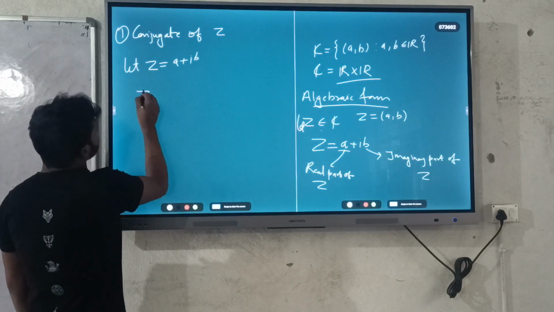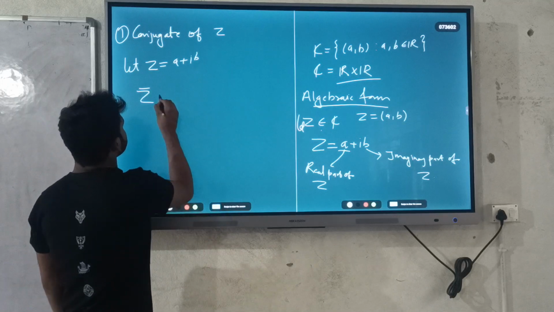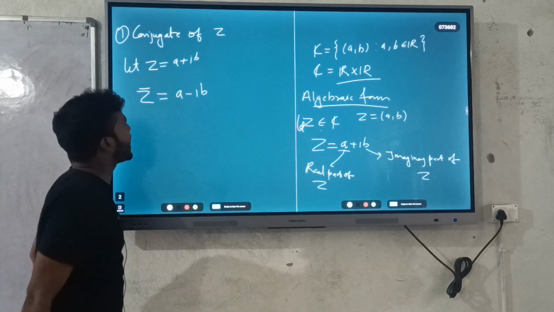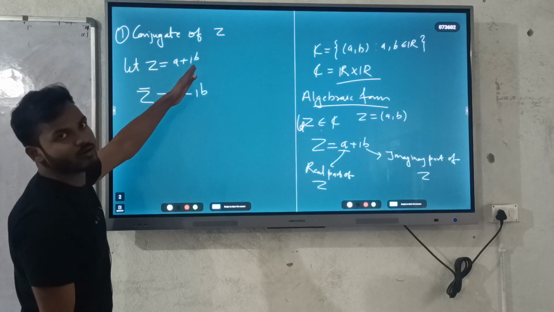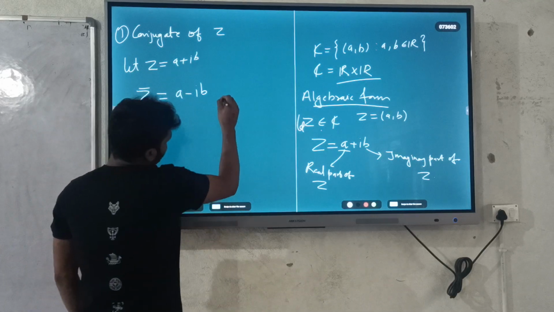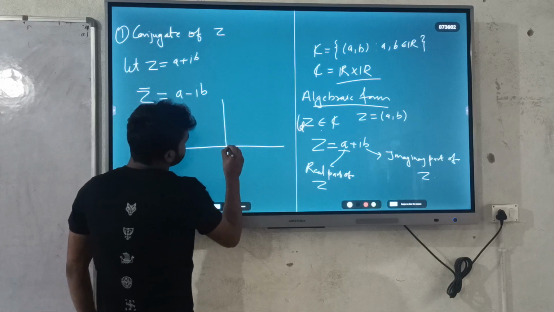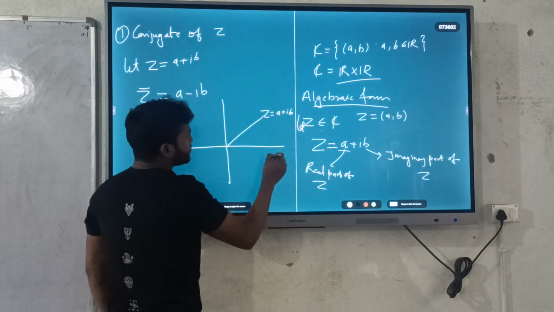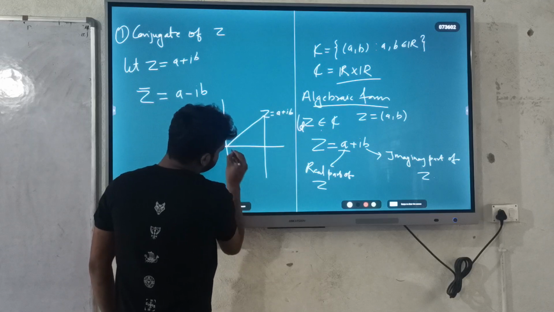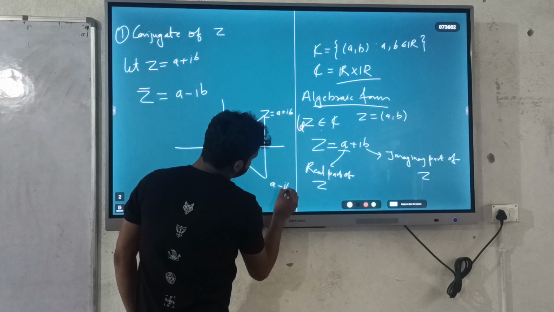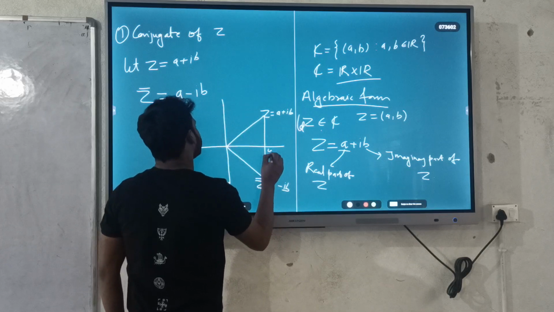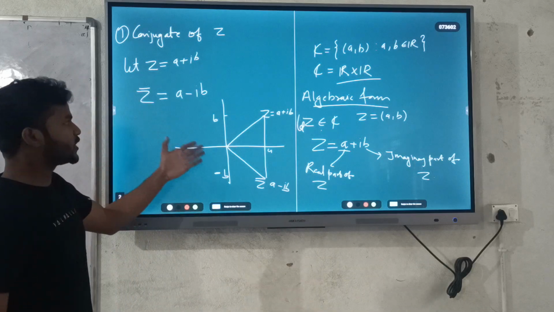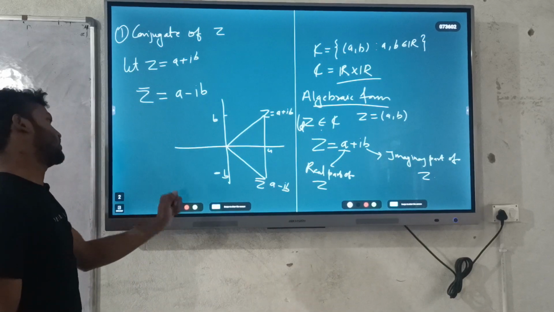Then the conjugate of z is denoted by z bar and it is given as a minus ib, and that is the conjugate of a complex number z. If you want to see it in the Argand plane, if this is my complex number, then its conjugate is given by this. So this is a representation of the conjugate of z in an Argand plane.